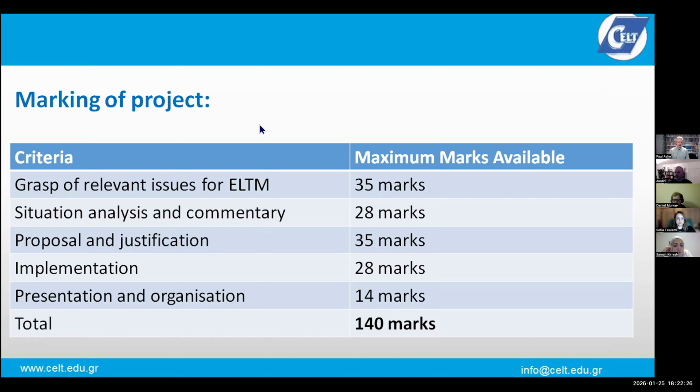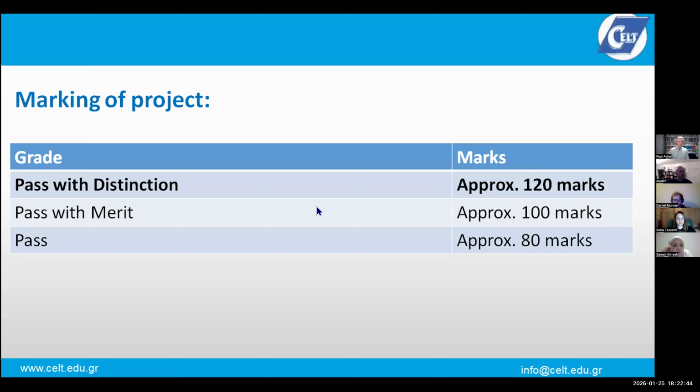And then we've got our project management and change management suggestion with the implementation. And then just making sure everything is presented in the right way. Just so that you know, these are the grades for pass with distinction, merit, and a pass.